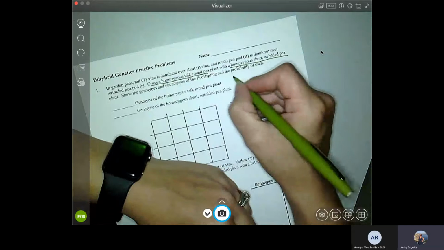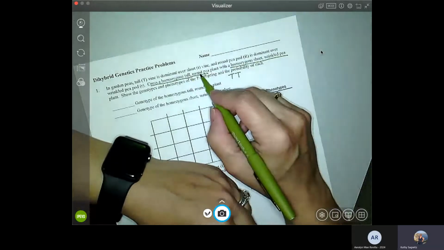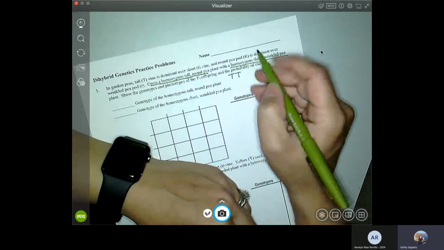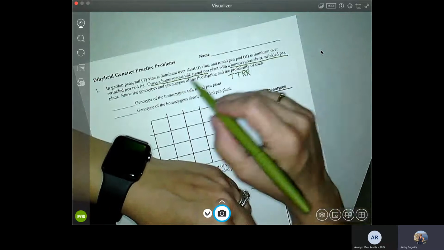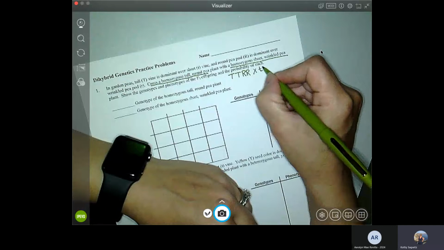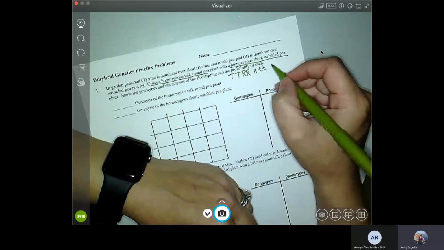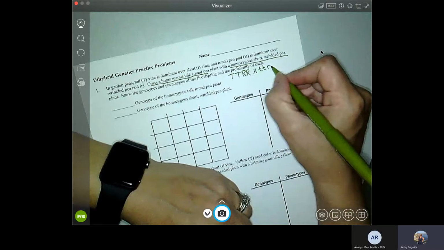Homozygous means that they are the same. So that would be a big T, and round is big R, with a wrinkled short plant. So that's little t, and little r.